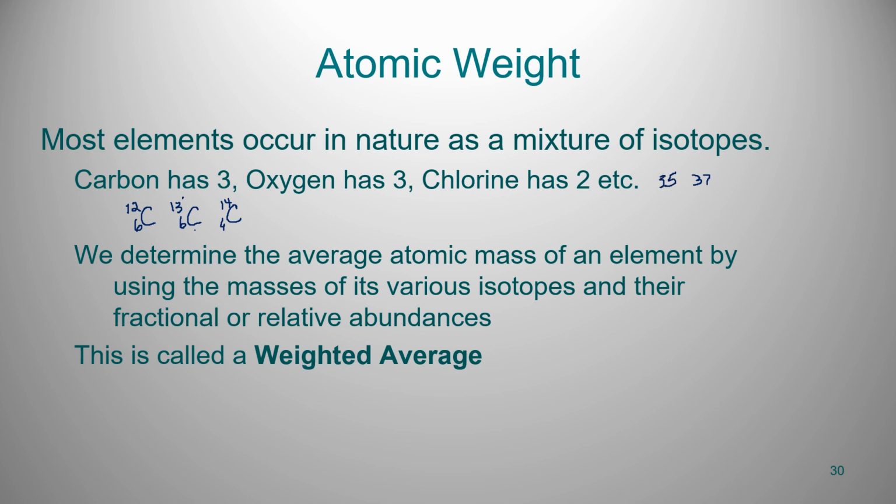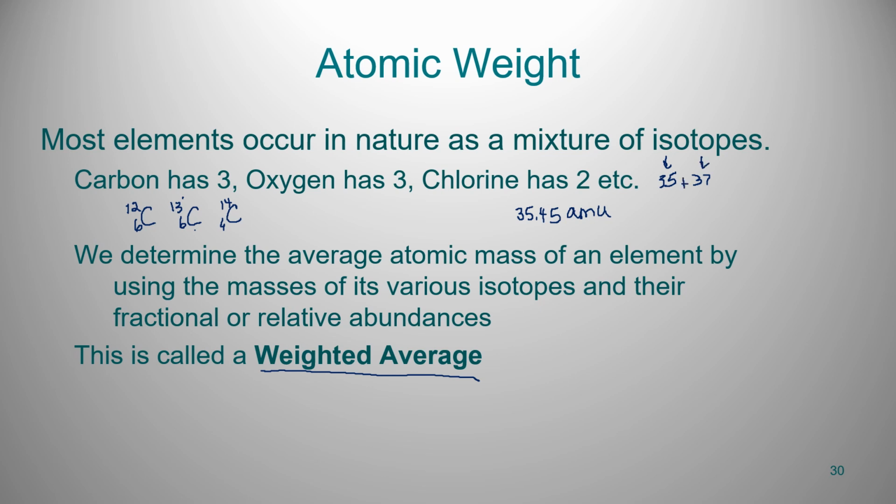And if you look on the periodic table, the number at the bottom is 35.45 AMU. There's neither of those numbers. It's kind of somewhere in between. So what happens is that the number on the periodic table is actually what's called the weighted average. And you can clearly see that in this case, if you know anything about averages, if I just had 35 and 37, what's the average of 35 and 37?